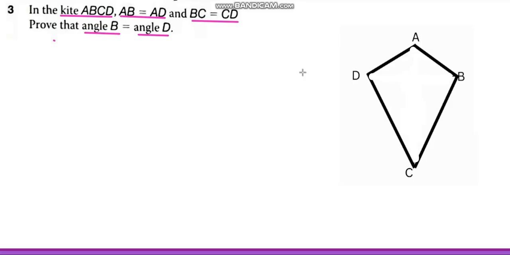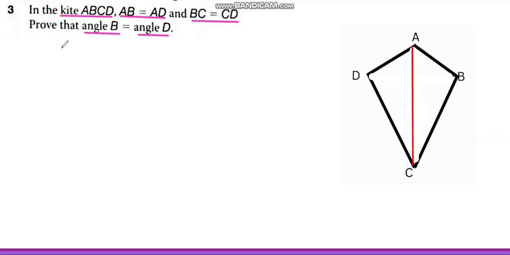So let's make a triangle over here that will make it easy to prove that angle B is equal to angle D. When we draw a diagonal AC, that will divide the shape into two identical triangles. And then we can apply some rules to prove these two triangles congruent, and it will give us the corresponding angles equal, which means we can prove the required statement.